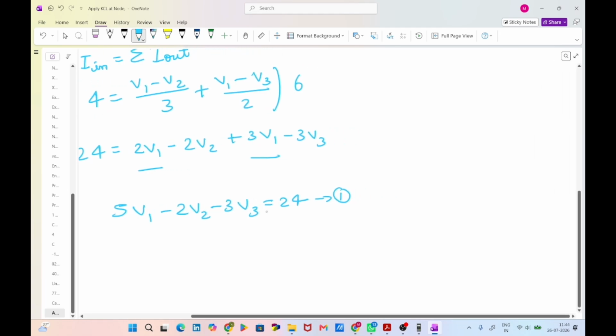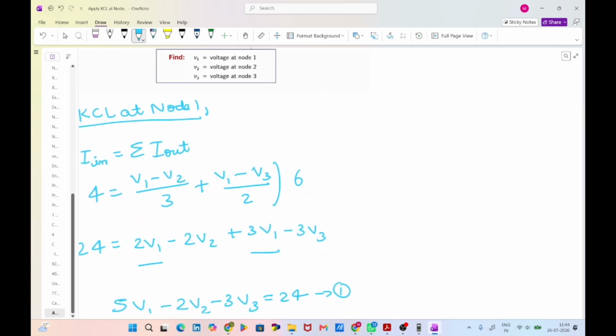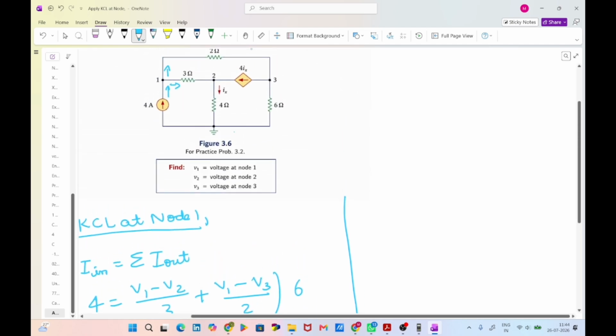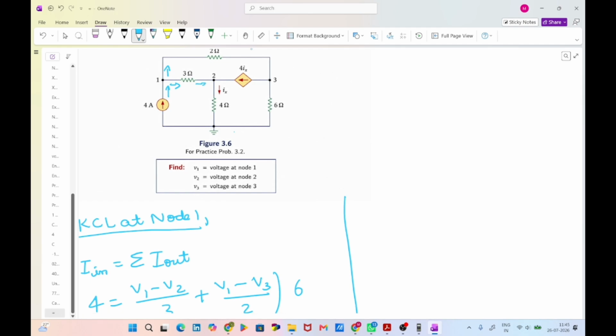Let's slightly move this side. And then let us apply KCL at node 2 here. The current entering is this one, and on this side 4Ix is also entering, and the current leaving is Ix. We know that the sum of current entering the node is equal to the sum of current leaving the node.